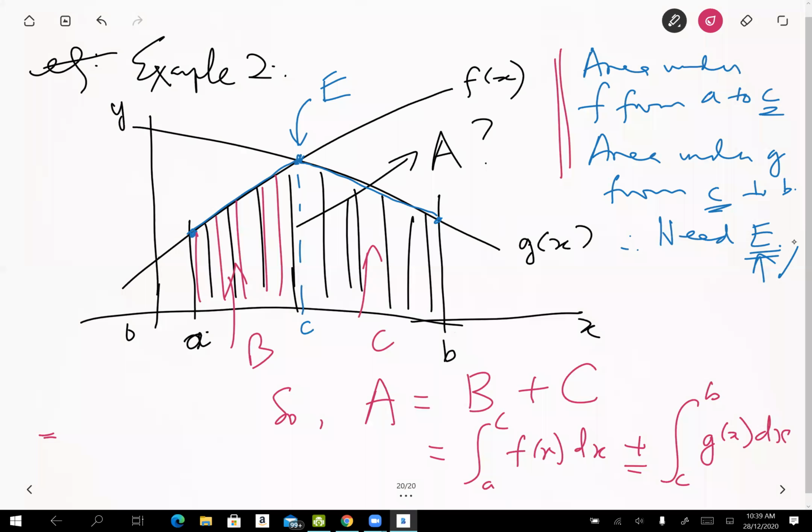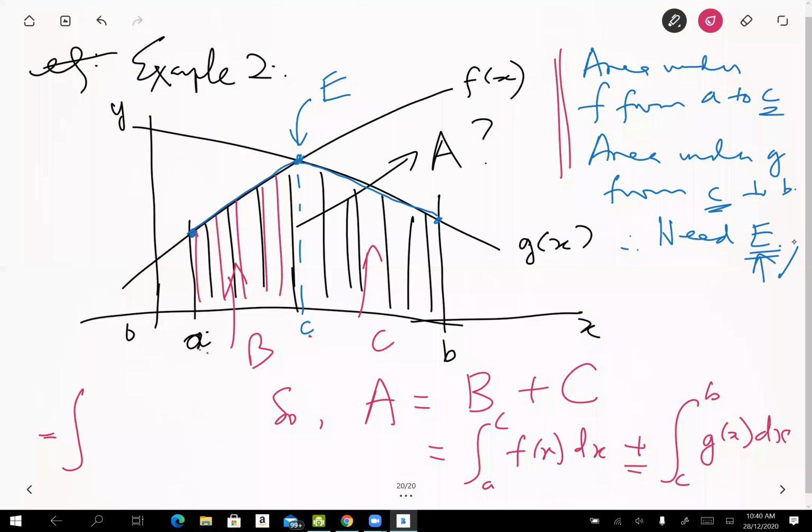So that is equal to, since you have A, C, B, area A to C, C to B, and you have two functions.